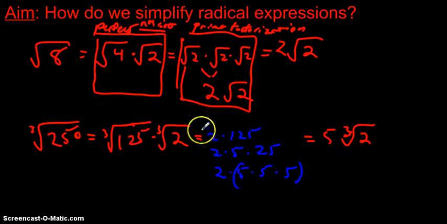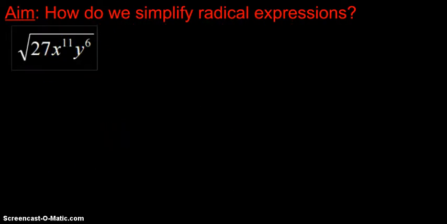Alright, so let's look at a couple of examples. We're going to use a prime factorization method to simplify the square root of 27x to the 11th y to the 6th.